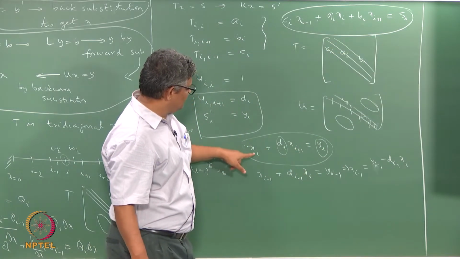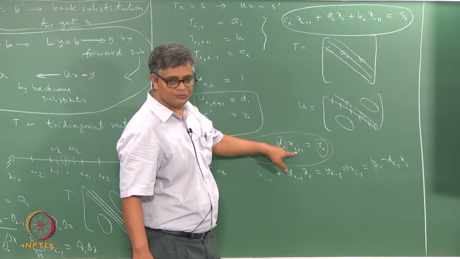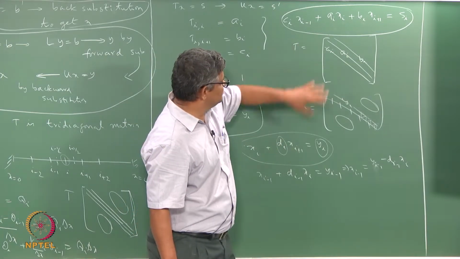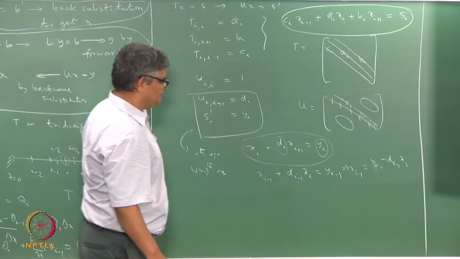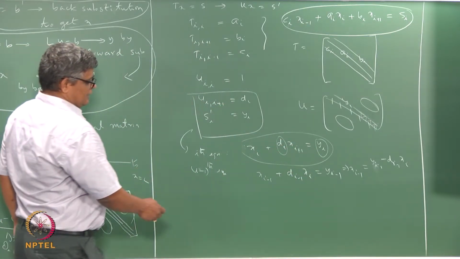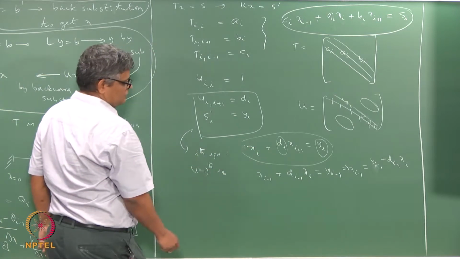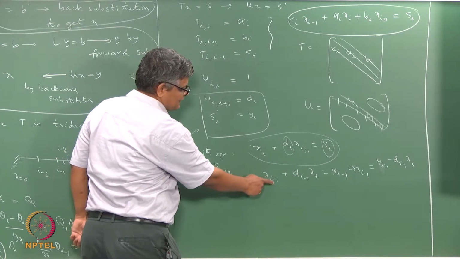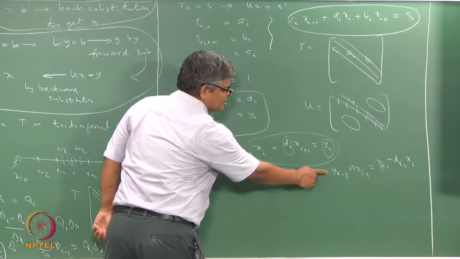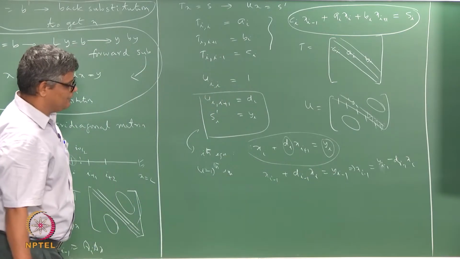This is also an equation involving xi and xi plus 1. So we compare the coefficients, and then from that we will be able to get an expression for di and yi. So what we are doing is that if this is the form of the ith equation, the form of the i minus 1th equation is xi minus 1 plus di minus 1 times xi equal to yi minus 1.